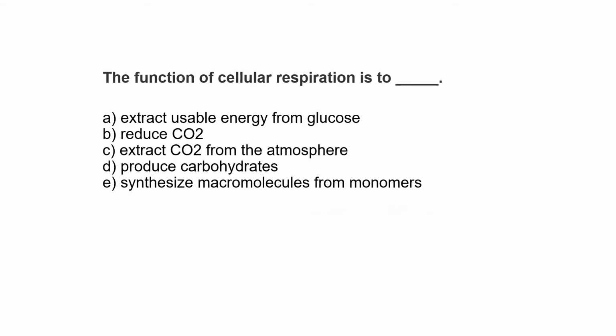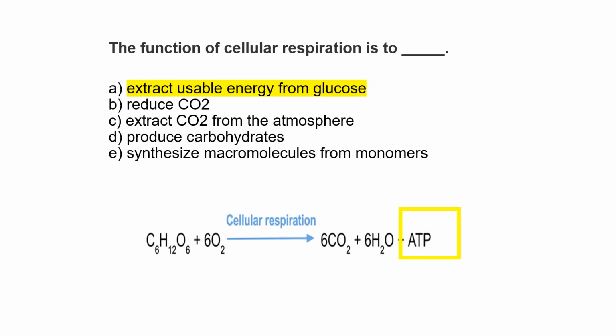Okay, now let's try to answer this one. The function of cellular respiration is what? So clearly, you see that A is correct, but let's try to analyze the other ones. The idea of cellular respiration is to produce ATP. Reduce CO2 is not the answer.